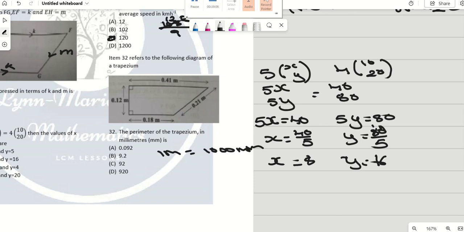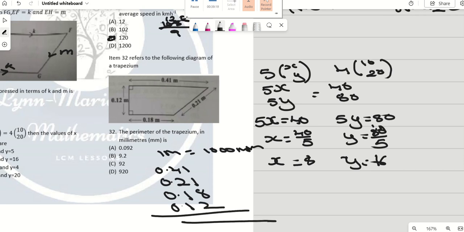So first off, let's find out how many meters. We have 0.41, 0.21, 0.18, and 0.12. 8, 9, 10, 11, 12, right? Then 4, 5, 6, 7, 8, 9.